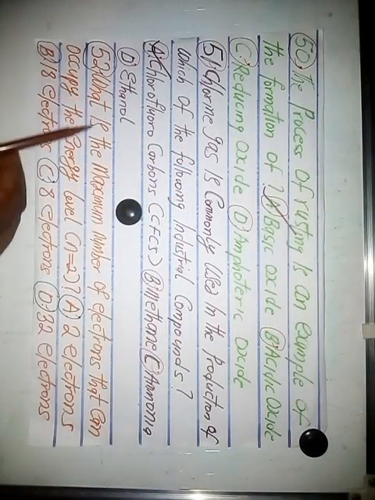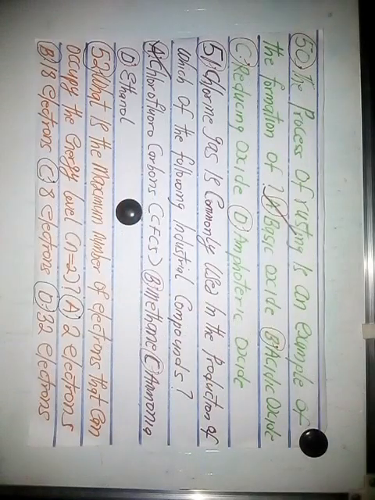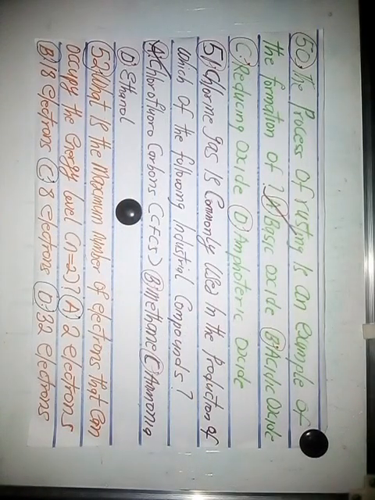What is the maximum number of electrons that can occupy the energy level n equals 2? There's a formula for this: 2n squared.